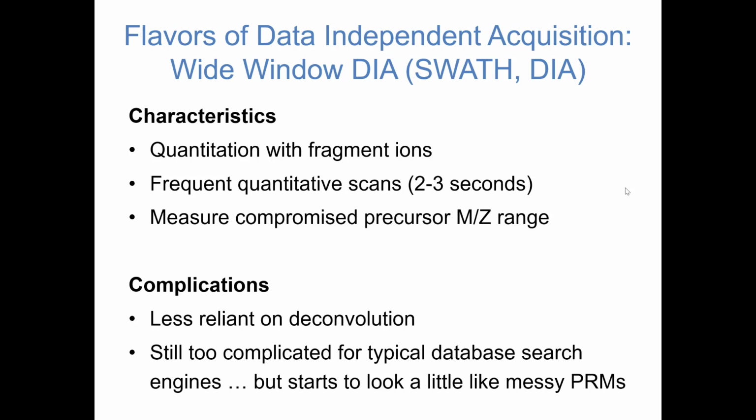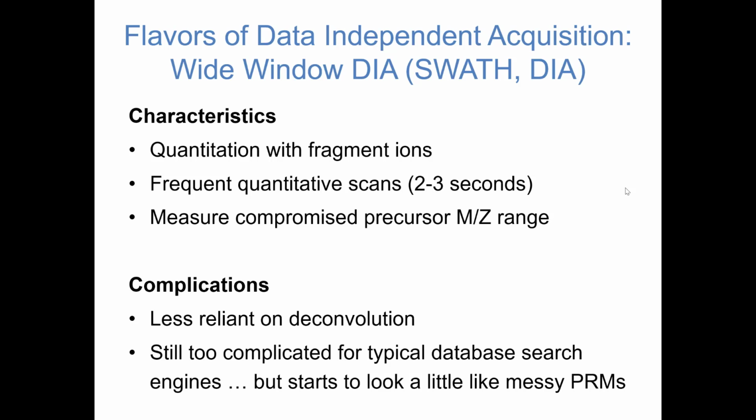In the original papers they were looking from 400 to 1200, so they had to sacrifice any peptides above 1200. So this was an advantage in that it was a lot less reliant on software to do deconvolution of peptides, but it was still pretty reliant on software to make it understandable.